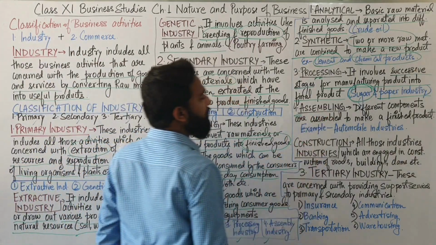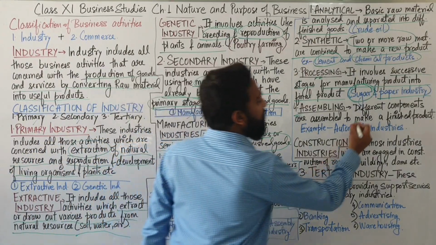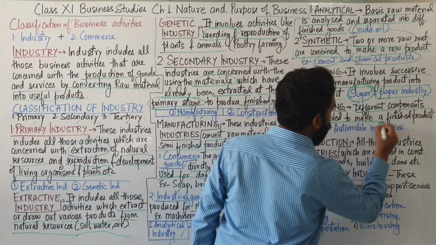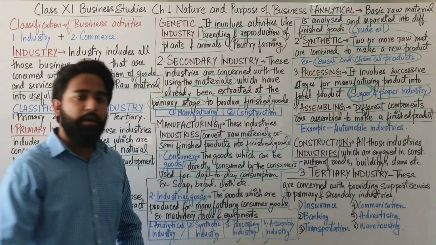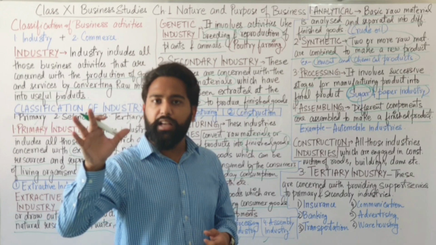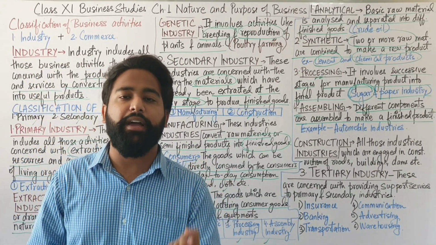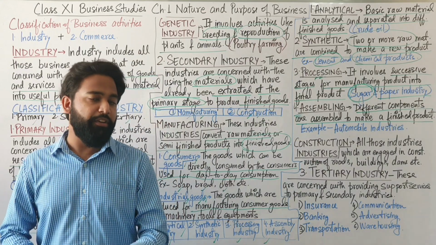The fourth industry is assembling industry. Under the assembling industry, different components are assembled to make a finished product. For example, a car. The tire is made by some other manufacturer, the glass by another manufacturer, the iron by a different manufacturer.